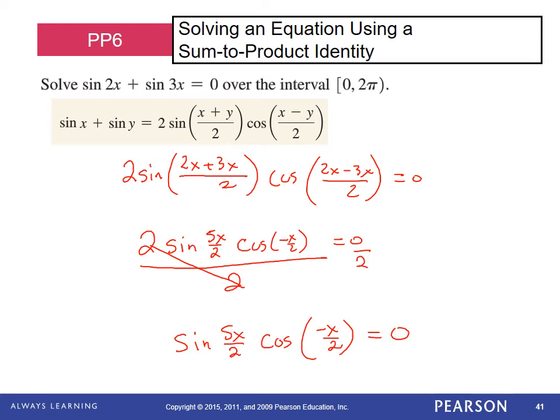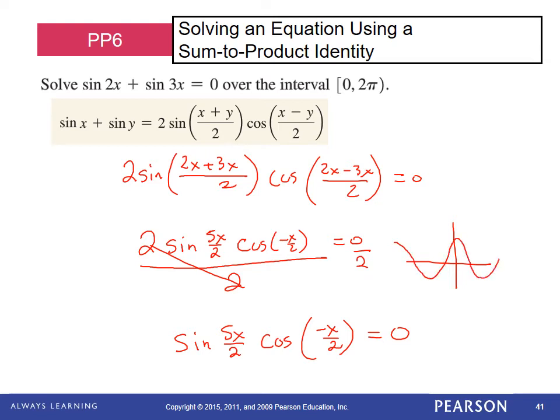And then I'll mention something here. I'll just say, hey, cosine is an even function. Something fun about cosine being an even function. What happens to the negative with cosine? This is what you should do in your mind. This graph should be in your mind here.